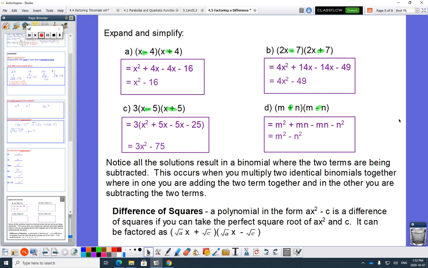You square root the a term, square root the c term, and you consider the positive and the negative root. So there is never going to be a middle term. There's never going to be a b term when you have a difference of squares.